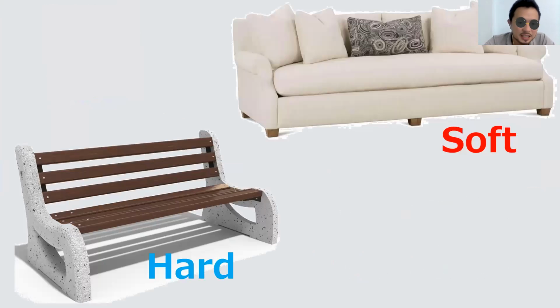The first one here, we can see that the hard bench is made of wood. And the other one, the sofa, is made of something else which is smooth or soft. That is why I like to sit down on a sofa. And I know that you like to sit down on a sofa as well.